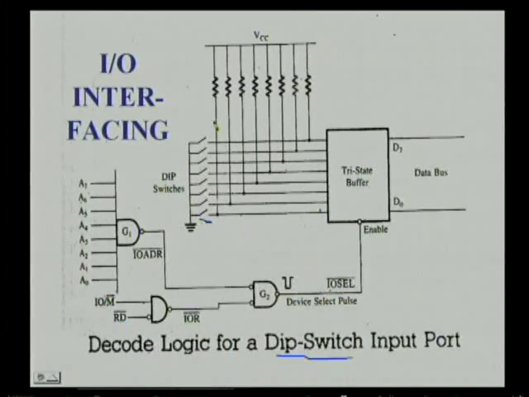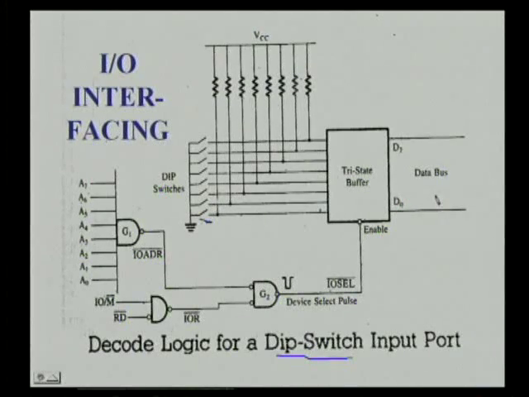If the switch is closed, this VCC will be grounded through this resistor. So, the potential present at this D0 pin will be 0. So, if the switch is open, logic input will be 1, if it is closed, the logic input will be 0. So, that is the switch information.